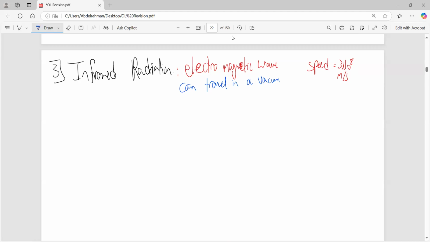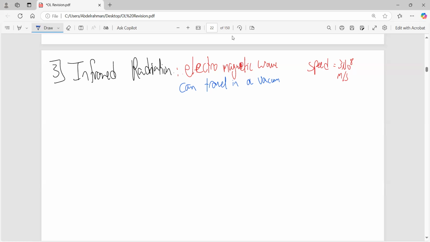You can never completely stop the heat transfer. The heat will be transferred whether you like it or not, either by conduction, convection, or radiation. If you stop conduction and convection by using a vacuum, it will be transferred using infrared radiation.